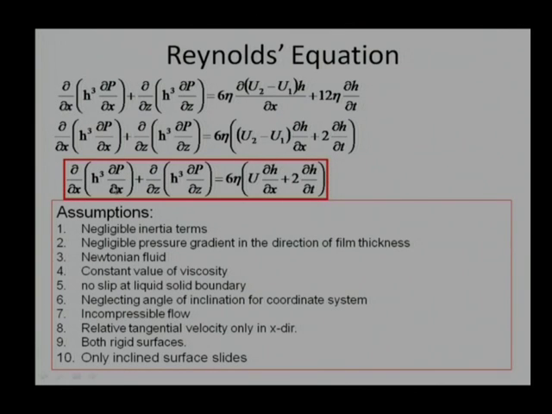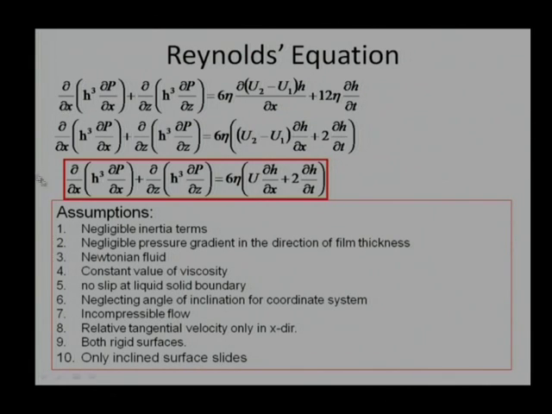There is a pressure term in x direction, a pressure term in z direction, constant viscosity, and this is the relative velocity of the inclined surface in x direction. This is a wedge term in x direction, and this is a squeeze term. And this is one of the most commonly used Reynolds equations in literature.